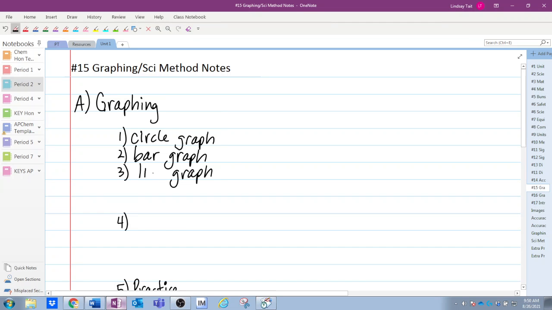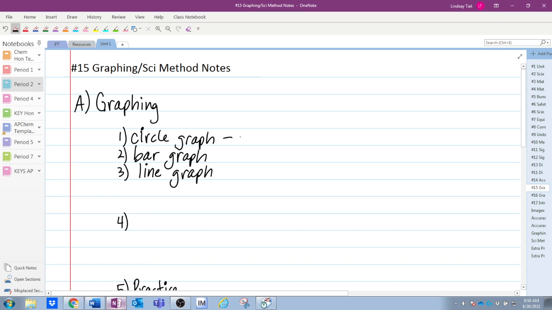Those are the 3 main types of graphs. Now, what we need to understand is why one graph would be more appropriate to use versus another in a particular experiment, right? So it depends on what the emphasis is on what you're trying to convey to eventually the reader of whatever lab report or journal article that you're writing.